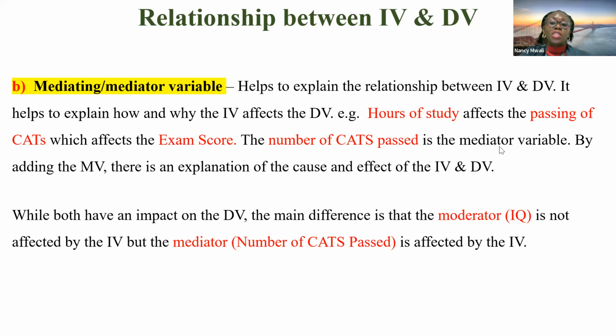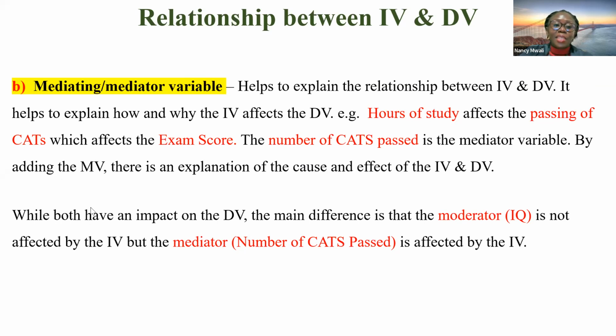So here we've introduced the CATs. We're not talking about the IQ anymore. We are saying if you put in hours of study and then add the passing of CATs, will that enhance the exam score? Okay, so the number of CATs passed is the mediator variable, meaning it is mediating, it is improving the quality of this relationship.